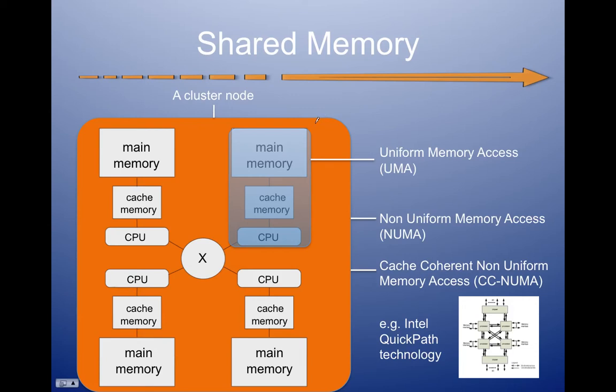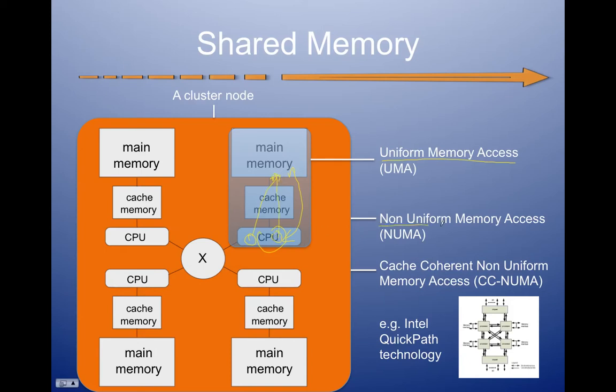About shared memory, we distinguish different cases. You have uniform memory access. That means the CPU always sees the main memory with the same latency, same distance. So every core here will see the memory data from the same distance.